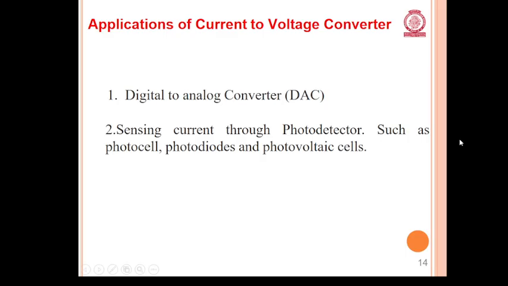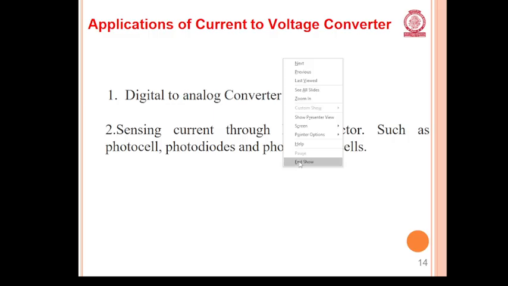That's why it is necessary to convert that current into voltage. In such applications we are using current to voltage converters.